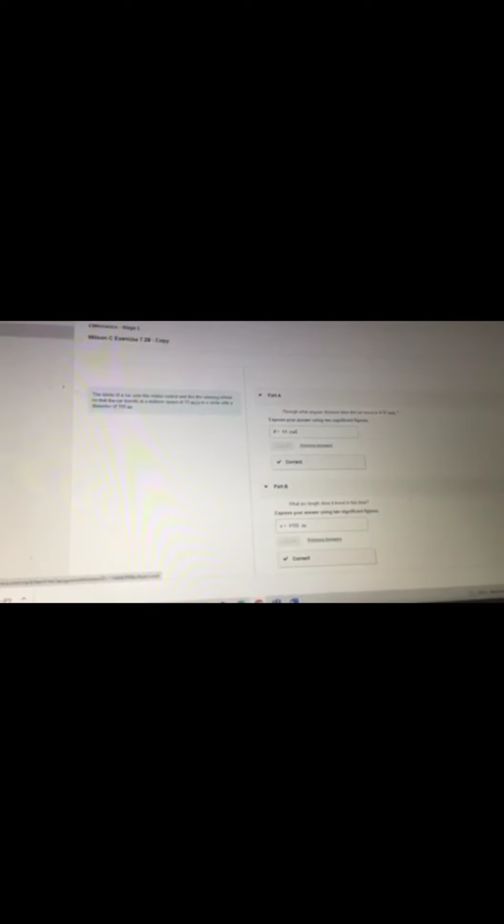Problem 4, stage 3. The driver of a car sets the cruise control and ties the steering wheel so that the car travels at a uniform speed of 15 meters per second in a circle with a diameter of 150 meters. Part A and Part B. The speed and diameter of the car are given, 15, 150, and the time of 4.5 minutes.